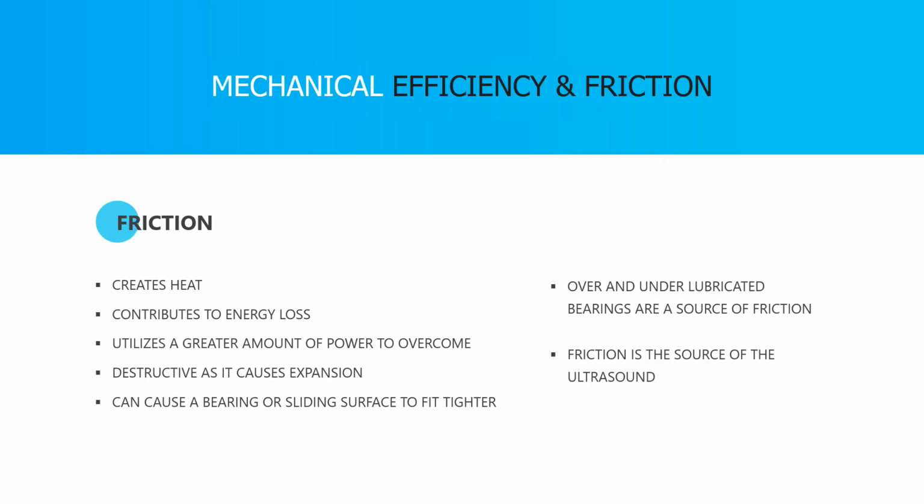And related to that, increases in temperature cause expansion, so that's going to cause excess wear and tear on our bearings. And if you look at over- and under-lubricated bearings, it's, again, a source of friction. So when you have a bearing that needs grease, that's an increase in friction, but bearing over-lubrication also increases friction.